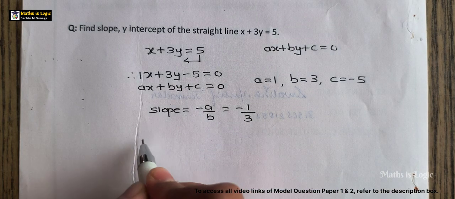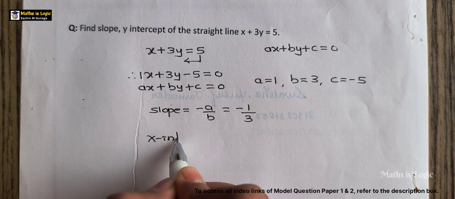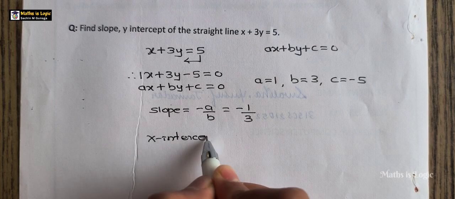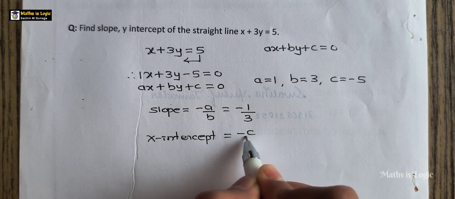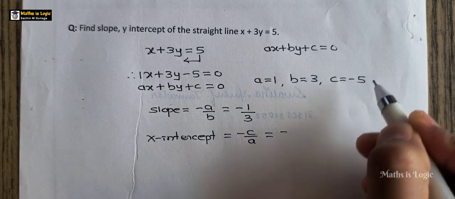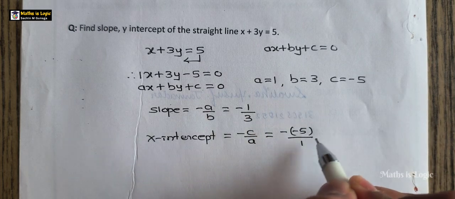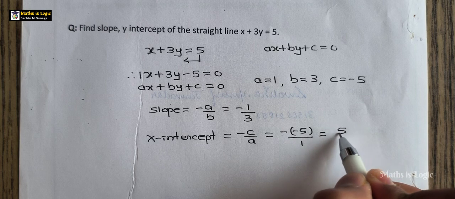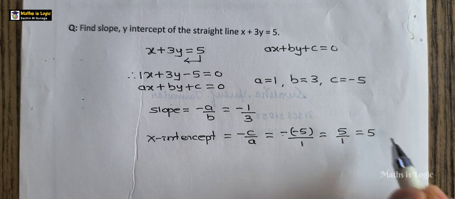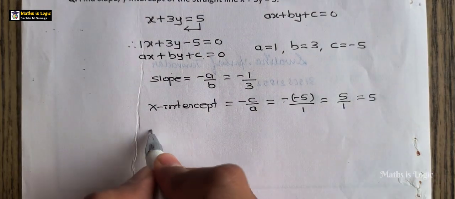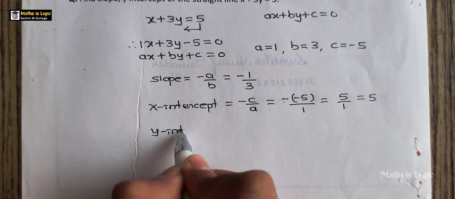Next, x intercept: minus c divided by a. Minus c is minus 5, divided by a value, which is 1. So minus into minus is plus, 5 divided by 1, means 5. And last, y intercept.